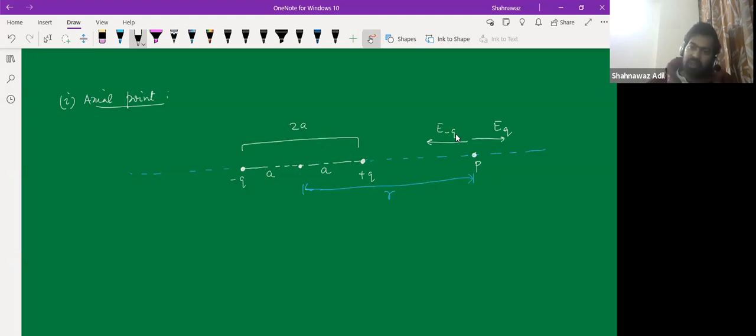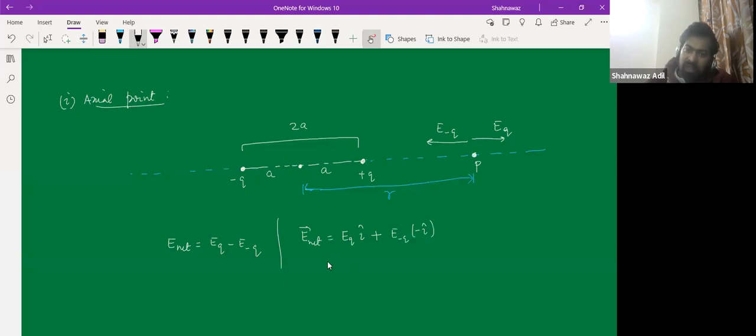Yes, sir. Clear. So if we write the net electric field, that would be E of plus Q minus E of minus Q, right? Or if we write it in vector form, E net is E_Q i hat, where the magnitude is E_Q, and then plus E of minus Q times minus i hat.